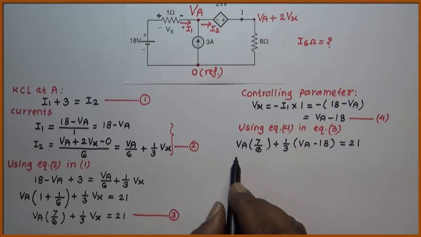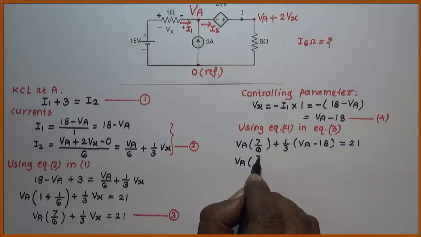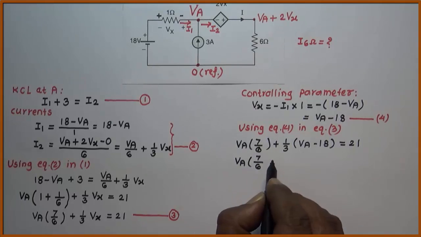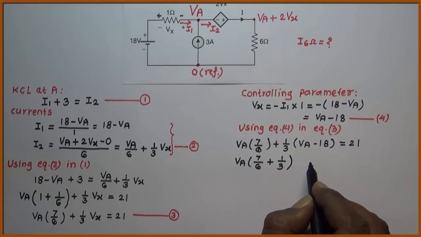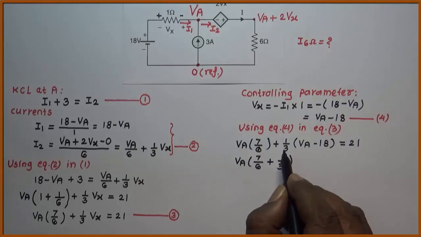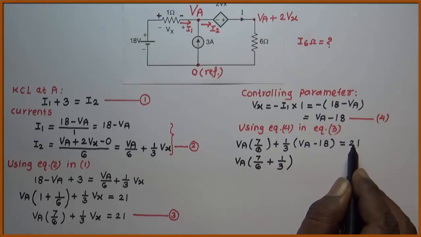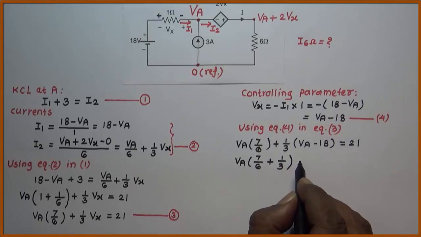Let us combine the terms of Va. So this is Va into 7 by 6 plus 1/3. This 1 by 3 and this minus 18, it becomes minus 6. When I take it to this side, it will be plus 6. So it is 21 plus 6.